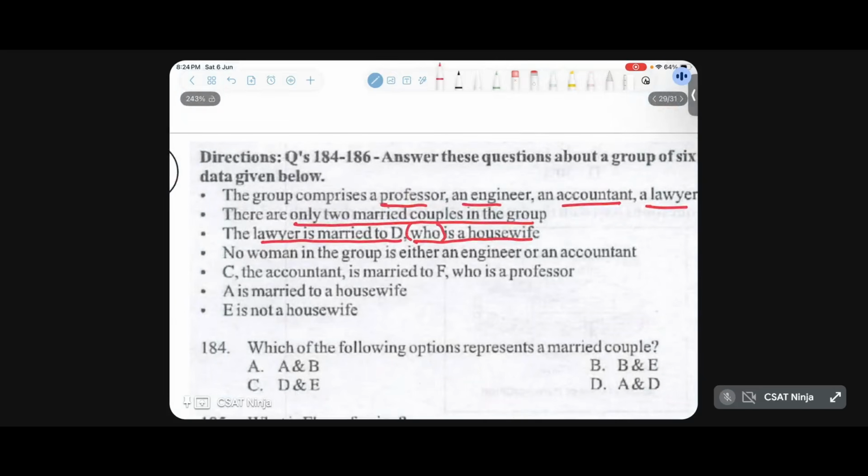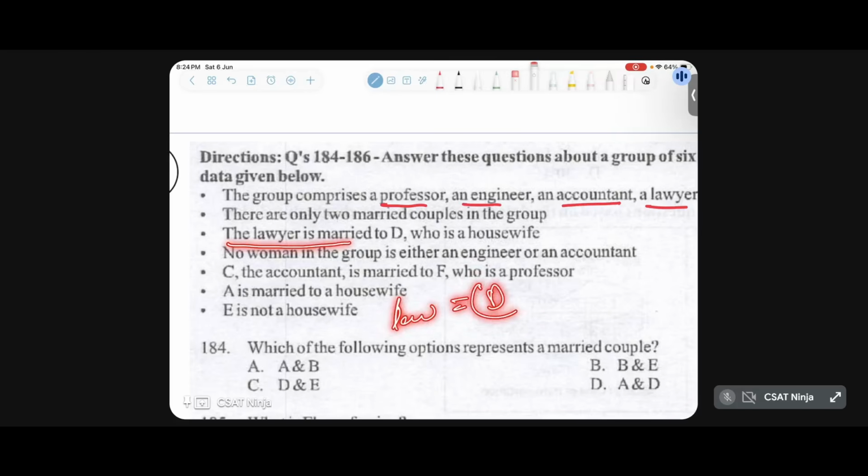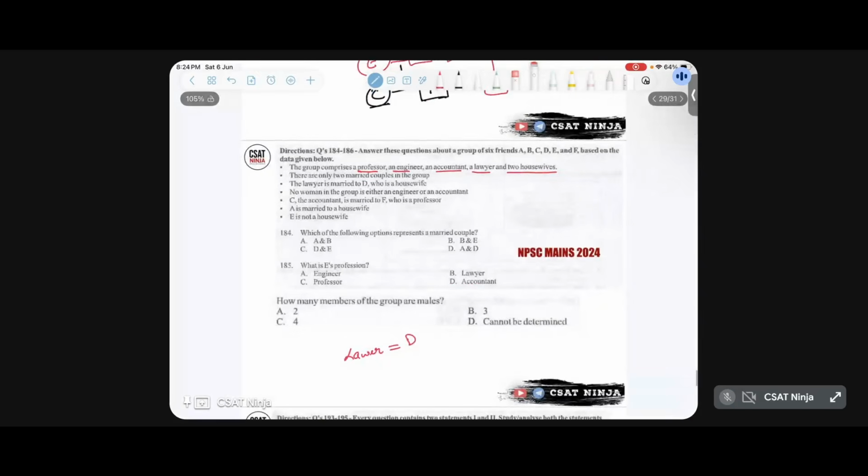Whenever you see a WH statement, always remember that we are referring to the person just before that. That means we are talking about D. D is a housewife there. The lawyer is married to D, who is a housewife. That means lawyer is a male member. I'm going to draw that down here. D is a female and a housewife and lawyer is a male member there. We are done with this statement.